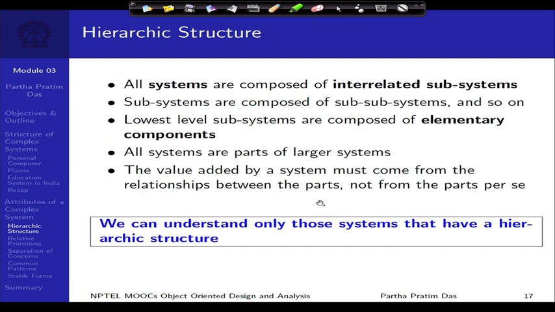Just to quickly illustrate a hierarchical system, we have been talking about these systems from the beginning of this module. They are composed of interrelated subsystems, and subsystems of subsystems, and so on, and at the bottom they have elementary components. You can question whether it is necessary that all complex systems be hierarchic in nature and show this behavior.